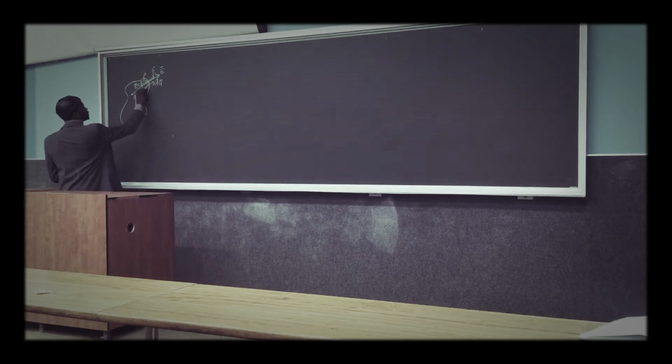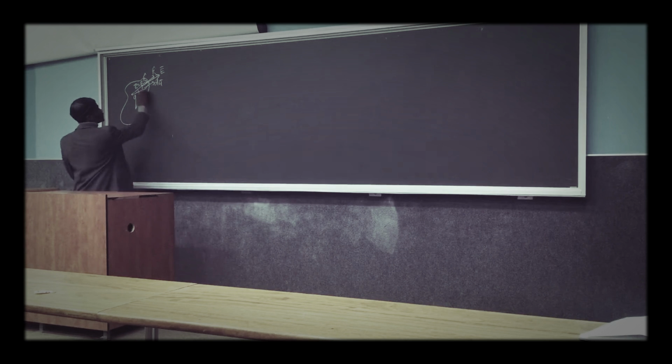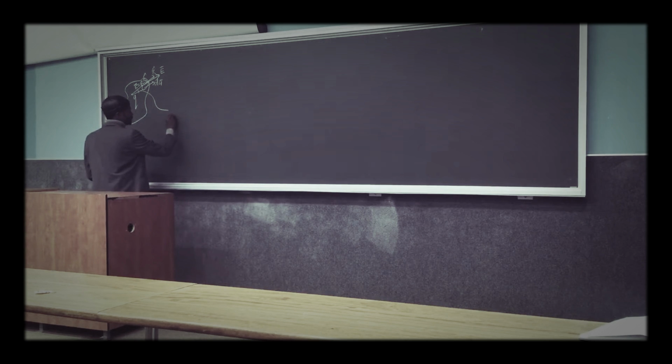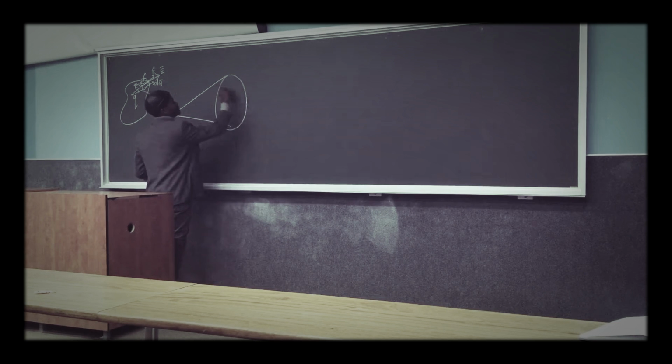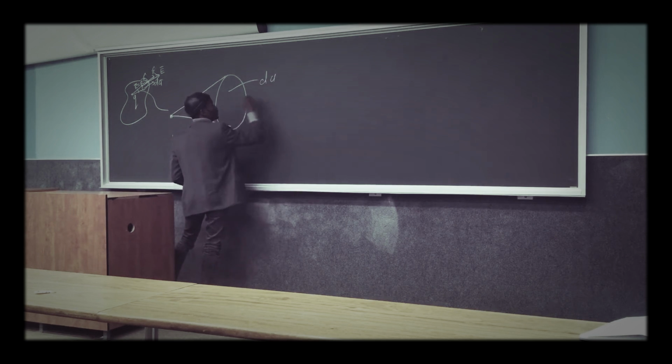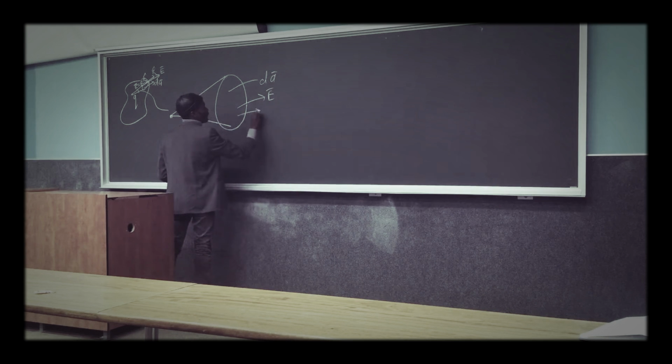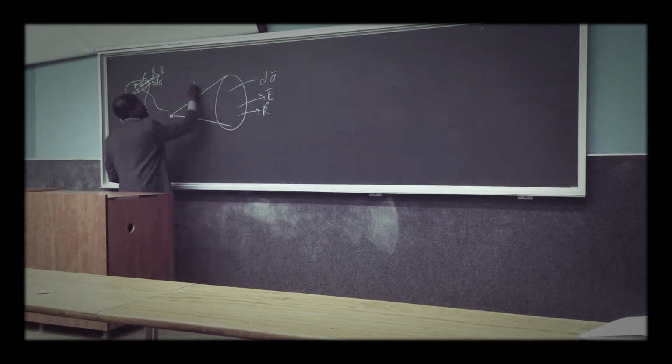Let me zoom in. From our charge all the way to the surface, we have the area dA, the electric field, and of course our R hat, so let's call it just R, the radius.